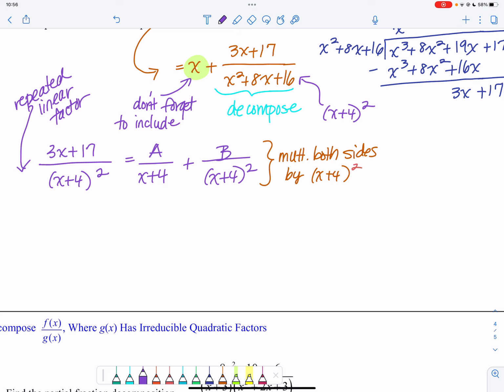And what we'll have is 3x plus 17 is equal to a multiplied by x plus 4 plus b.